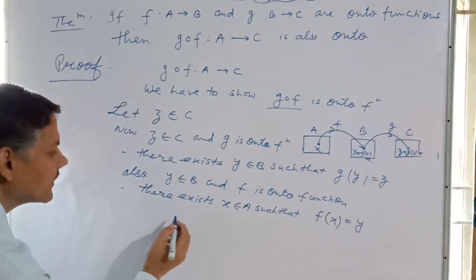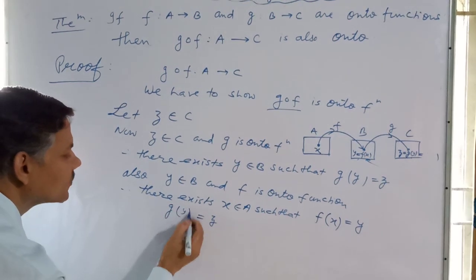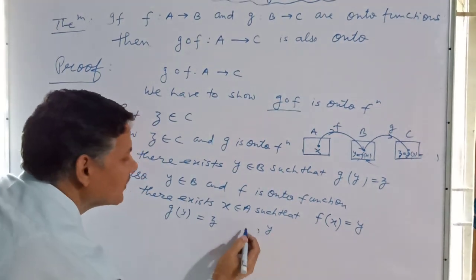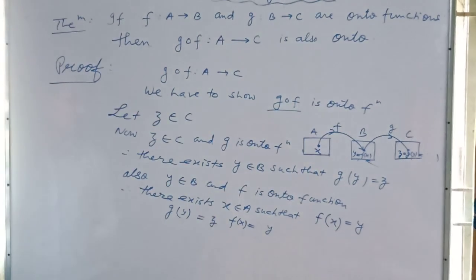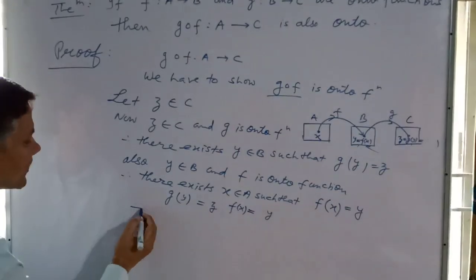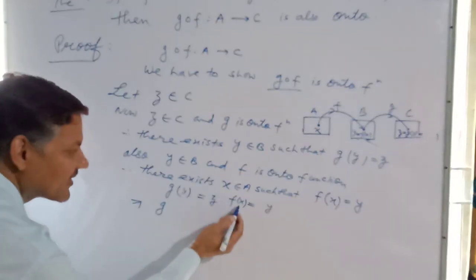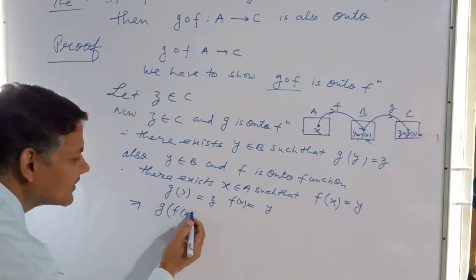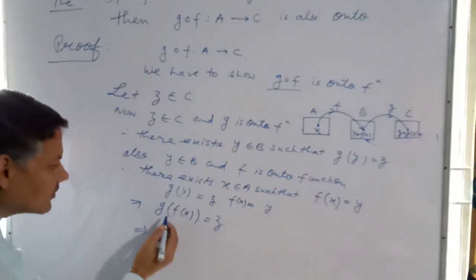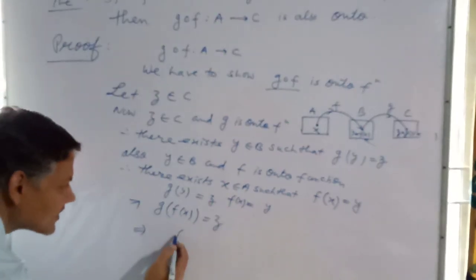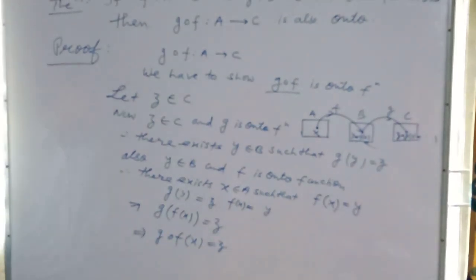So here we get z, its preimage y under g, and y its preimage under f, it is equal to x. Now we may use y equal to f x, so it implies that g, putting f x at the place of y, we get g of f x is equal to z. Now, by the definition of composition function, it may be written as f composition g of x is equal to z.